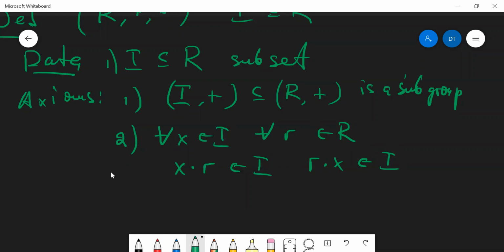Again, please. Do we consider left and right ideals? Well, I don't want to specify left and right ideals. There is a notion of a left ideal and a notion of a right ideal. In the commutative case, it doesn't matter, but I just don't want to go into those details, because usually left and right ideals in the non-commutative case are interesting when we want to deal with modules over rings.